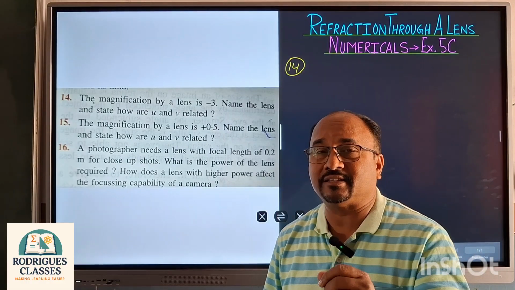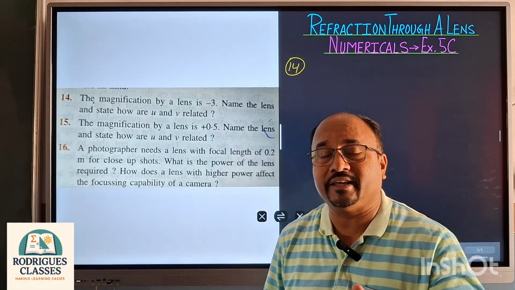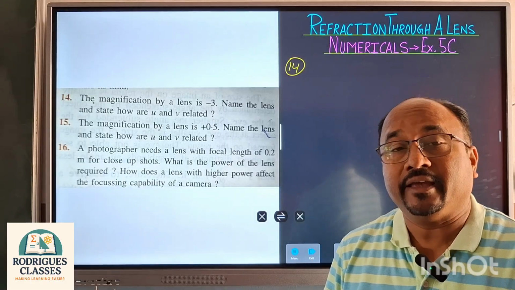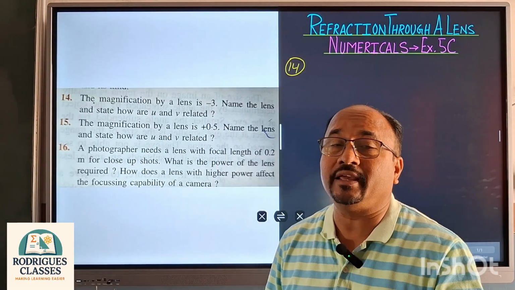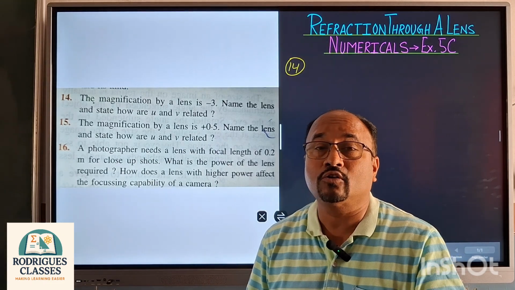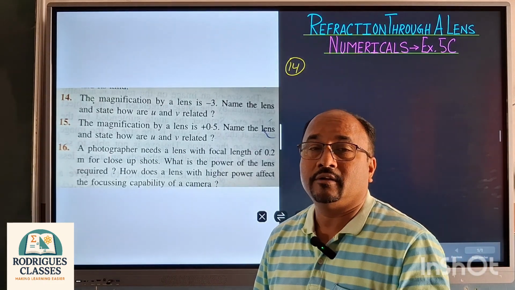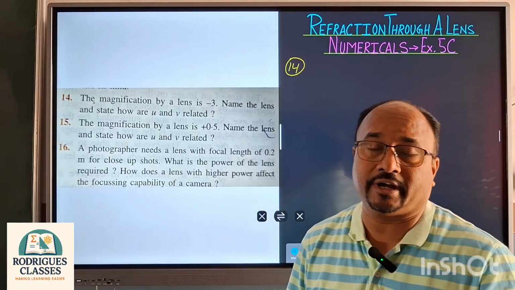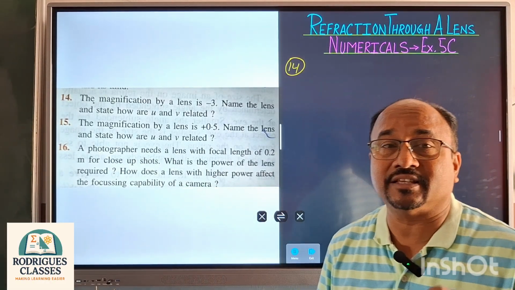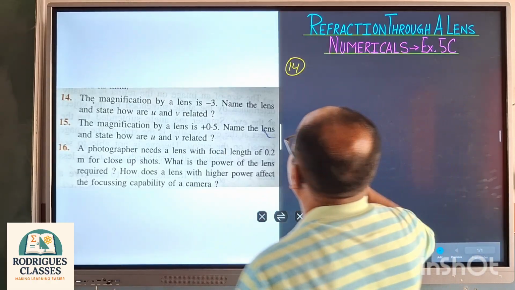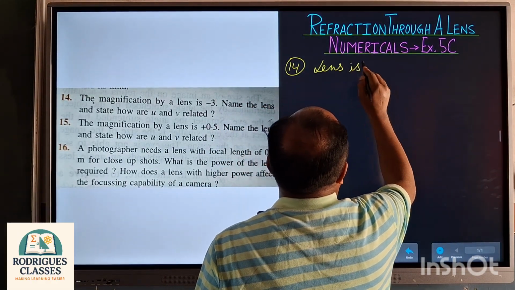So minus tells it is inverted. 3 tells it is magnified. Inverted image and magnified is obtained only in case of a convex lens, because a concave lens will not form any inverted image. So first of all, we can tell that the lens is a convex lens.